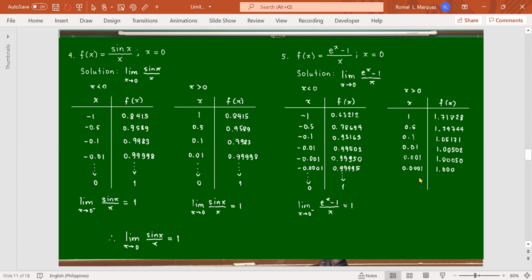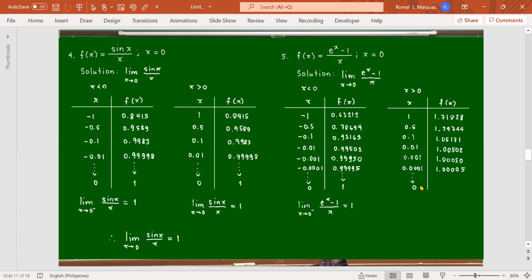What did you get, guys? Anyone? 1.00005, po. So 1.0, how many zeros? 4, no? Okay. So there's now a pattern, no? It seems that the decimal part is disappearing or getting smaller, no?